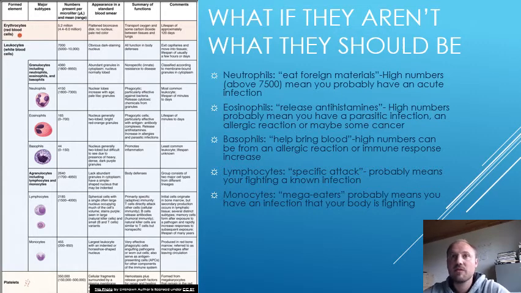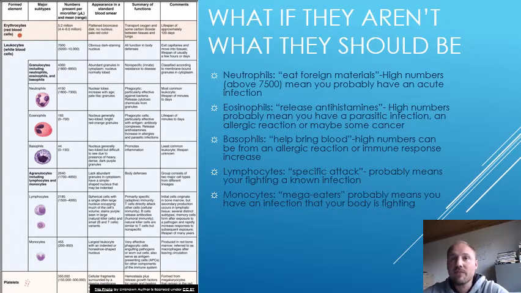So if you've got high numbers of basophils, you've probably got an infection or an allergic reaction to something. Your body's not happy, and some chemicals are released by the neutrophils in their response, and they're communicating to each other and saying, yeah, we need more blood, we need more neutrophils, we got to fight whatever's coming in.